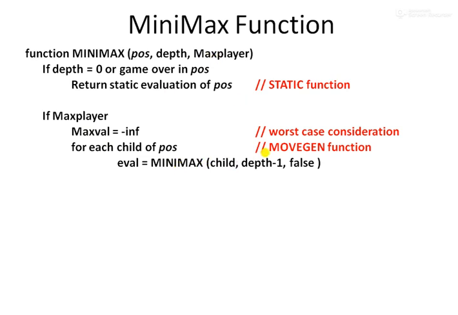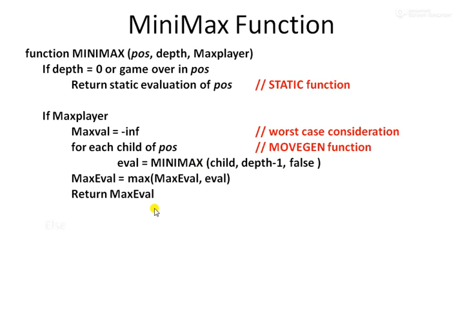That means we are passing the child, the depth will be depth minus 1, then we go to the next level, that is false, and we calculate the evaluation. Then we'll have to find the max of maxval and whatever this MiniMax has returned. Whatever the max value will be, that will be passed into max, and that value will have to be returned for a Max player. With one example in the next slide I will discuss properly.